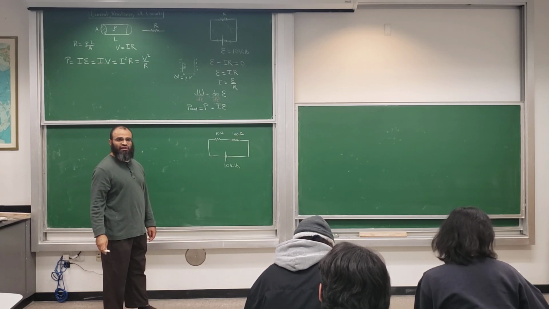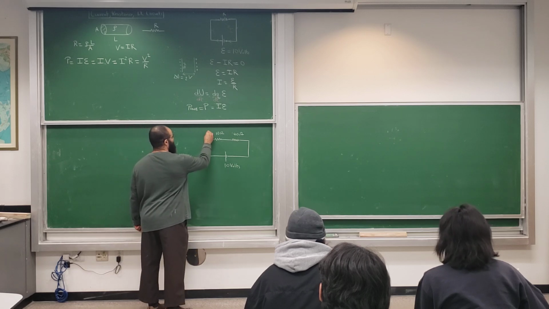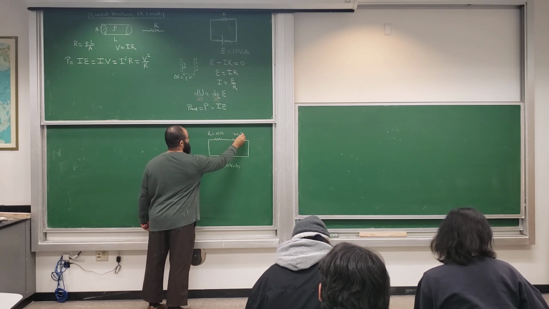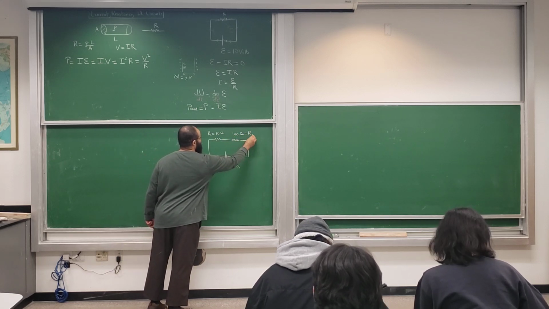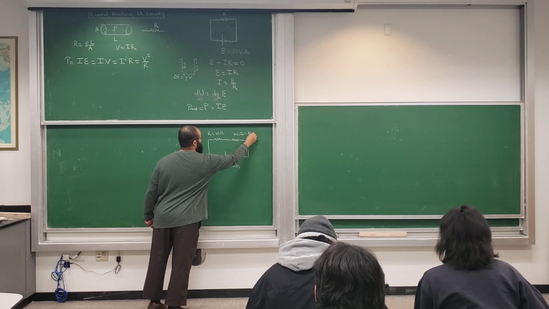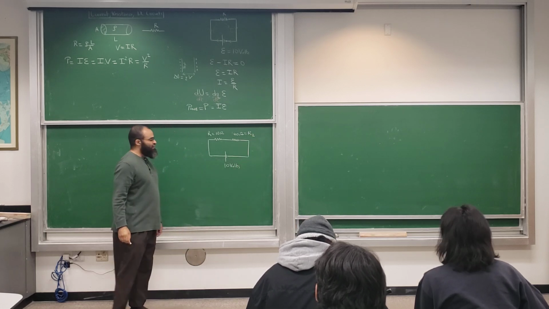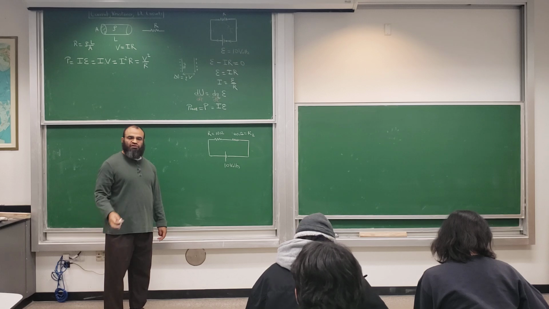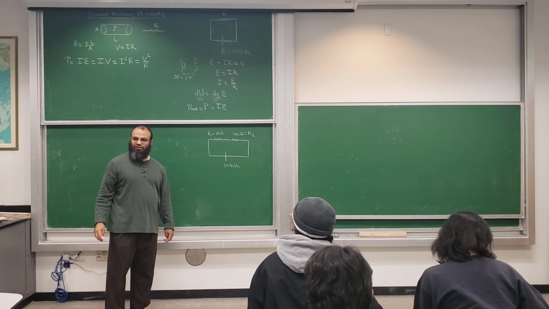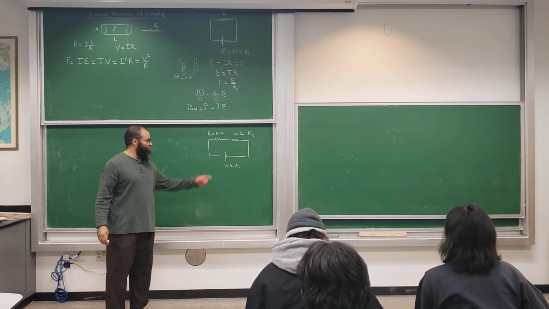So I have two resistors, right? And let's name them. Here is called R1, and this one is R2, so we know what it's referring to. First question is, let's find the current through the circuit, or through the resistors.